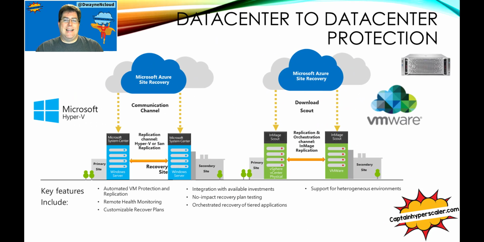And here's a diagram that shows a utilization of Hyper-V as well as VMware. The big architectural difference between the two is that Hyper-V has some synchronization tools for Azure Site Recovery built in, since it is a Microsoft product.